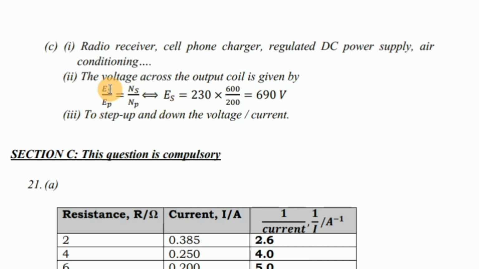We find that the voltage secondary will be equal to the voltage primary times the number of turns secondary divided by number of turns primary. That's what we have done. As you see, the solution is going to be 690 volts.